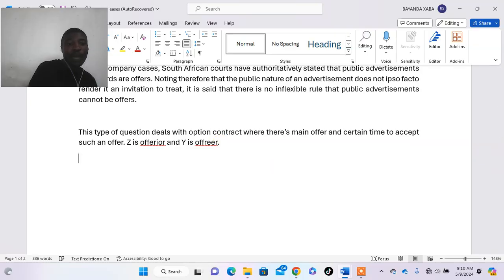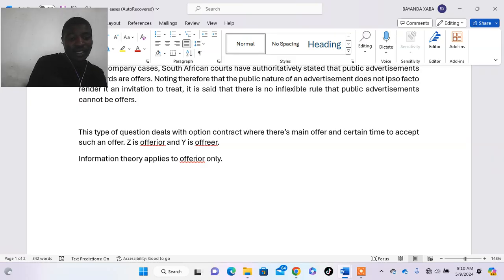Number 2: the information theory and reception theory apply to the offeror only.